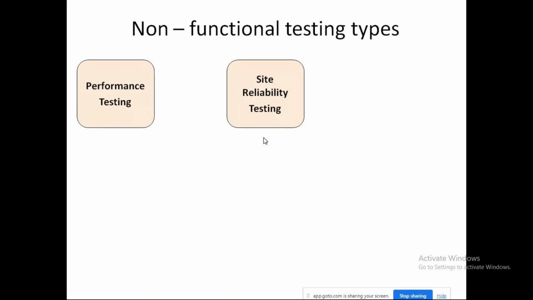Let's say there is no earthquake, but my application goes down. What will happen? The functionality might be working, but if the application itself is not up and running, what will I do with the functionality? So site reliability testing is otherwise known as operational acceptance testing or operational readiness testing, meaning my operations should be running successfully.